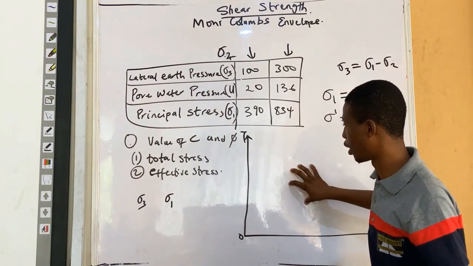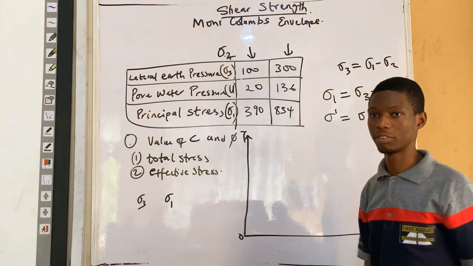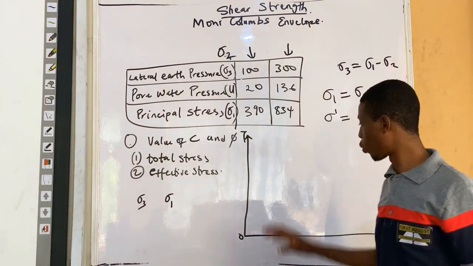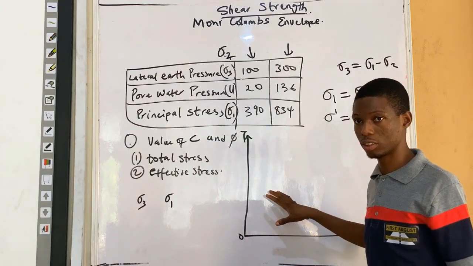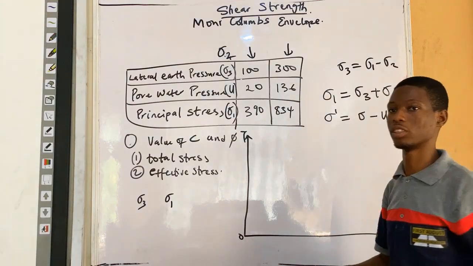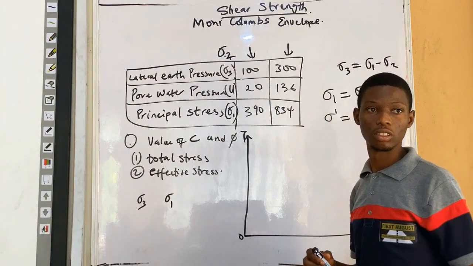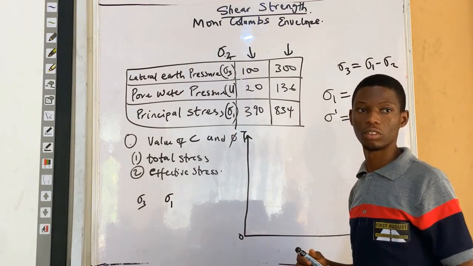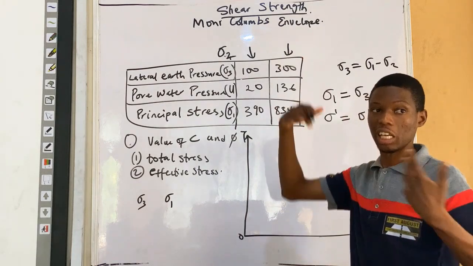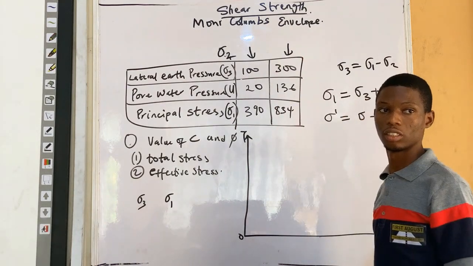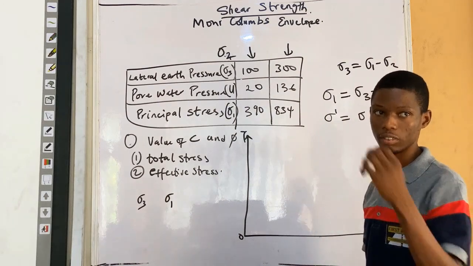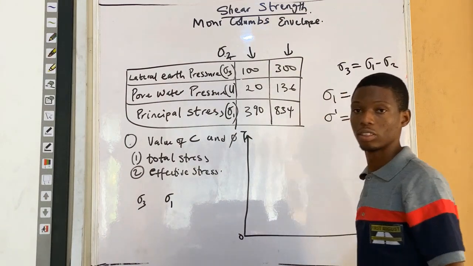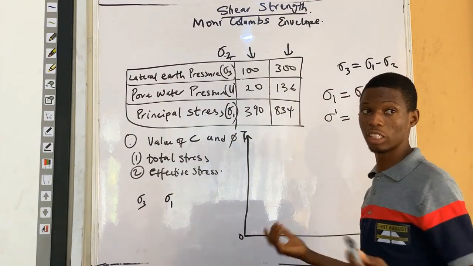You do total together and you do effective on another graph. After I finish it, I will start effective. You can use the same graph to do it, you just have to plan it well.